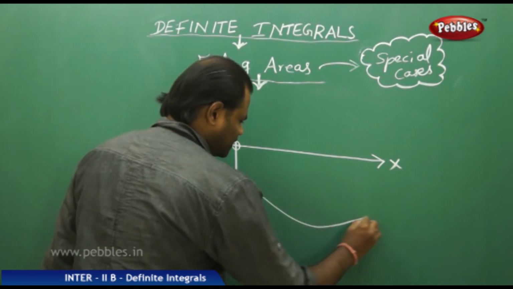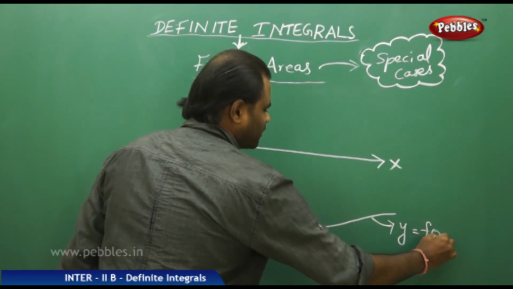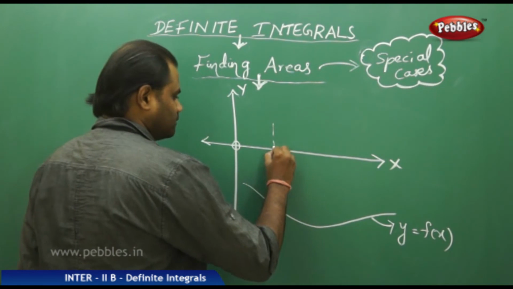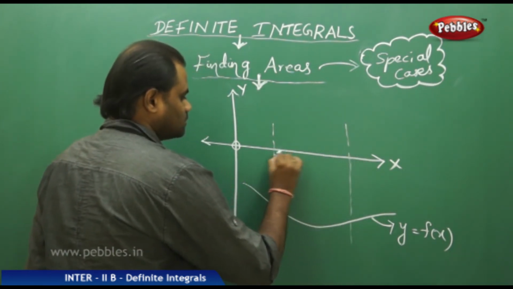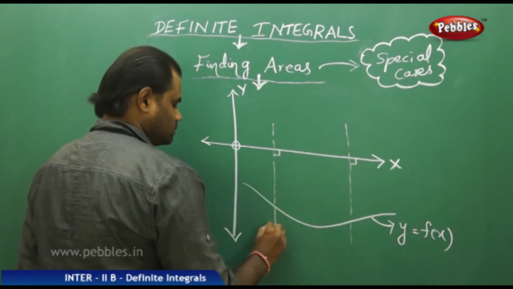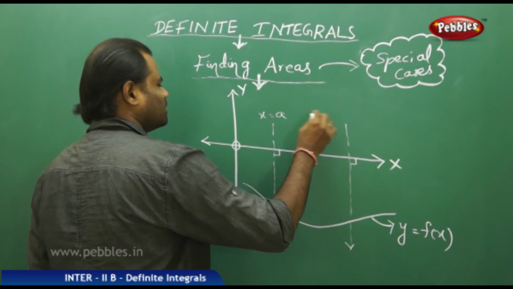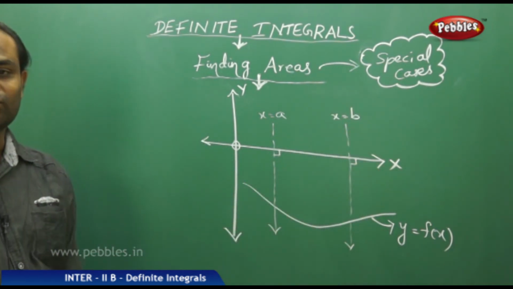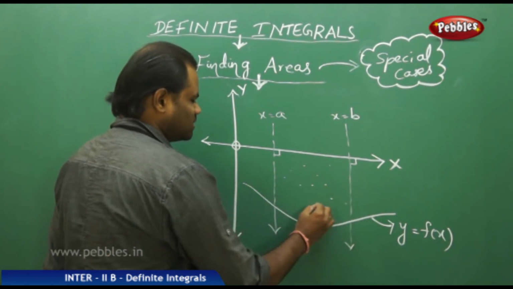That is, I have the curve y equals f of x down in the fourth quadrant, and then I have the boundaries x equals a and x equals b in this form. So how do I find the area of this dotted region?